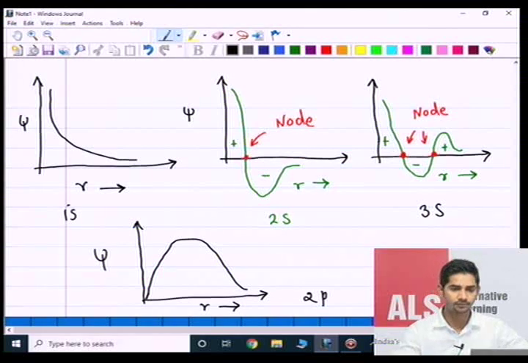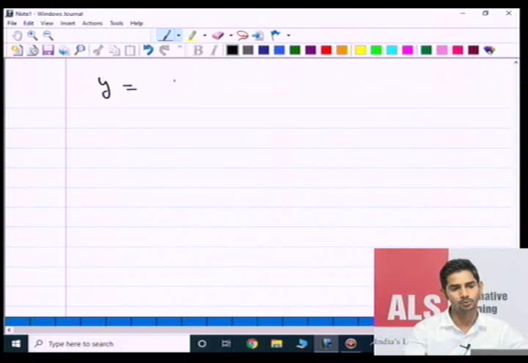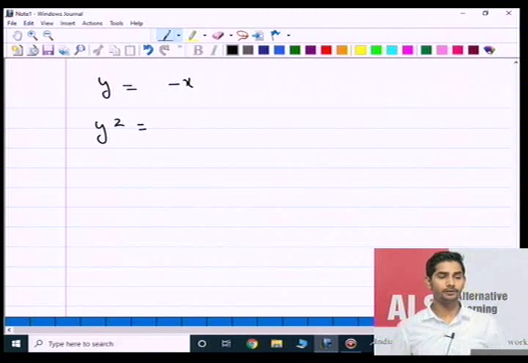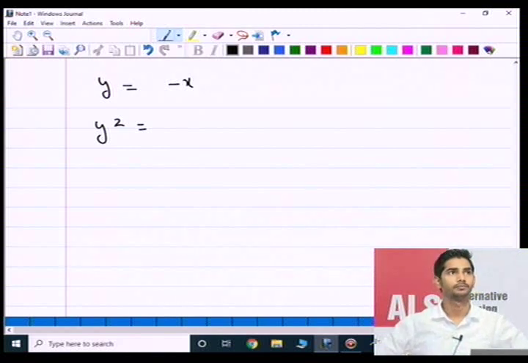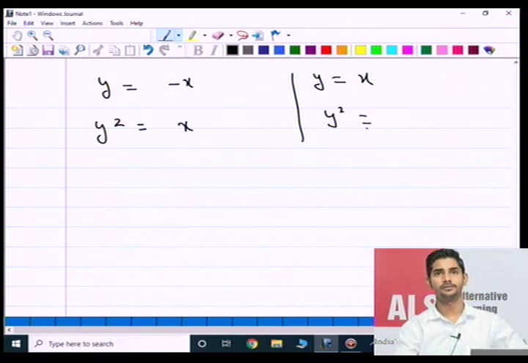Now guys, please confirm one thing: if I say y equals minus x, then what will be the value of y square? If I say y equals minus x, then what will be the value of y square? You can take this example as well: y equals x, then y square. In this case, this will be x square. And what about this case, where it is already positive?